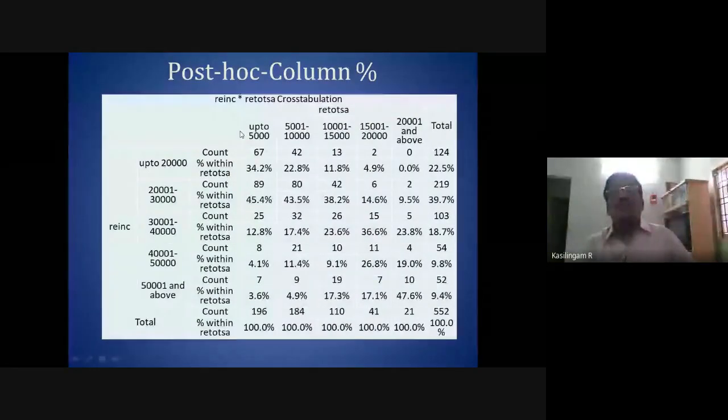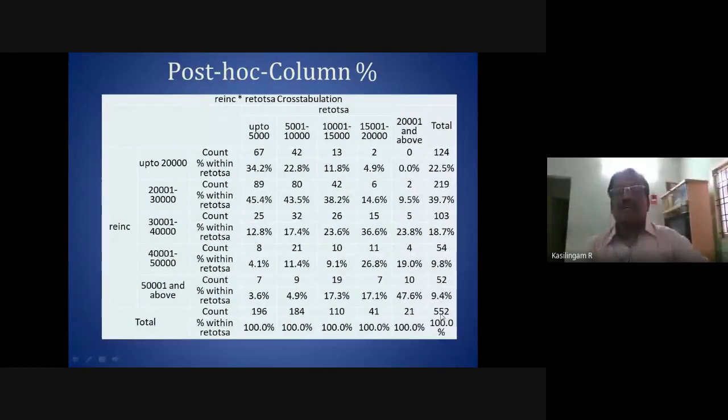Now let us come to the last one. Out of this total, in the 50,000 and above income category, there are around 52 people. That is 9.4% of people.